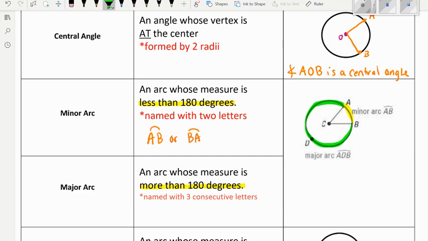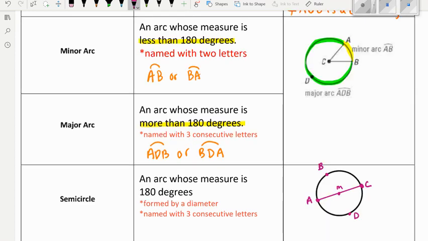That would be half of your circle, because a full circle is 360. So as long as it's more than half your circle. And so then for this, we would name this with three consecutive letters. So we could say arc ADB, or you could say arc BDA. Again, the reverse order would also work.